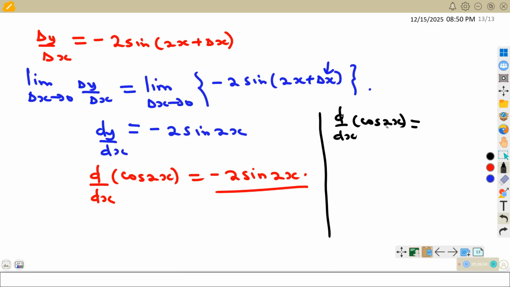What you do is differentiate this angle. What you get is 2. Put the 2 there. Then, when you differentiate cos, you get minus sine, but return the same angle, which is 2x. So in other words, you will have -2 sine of 2x.